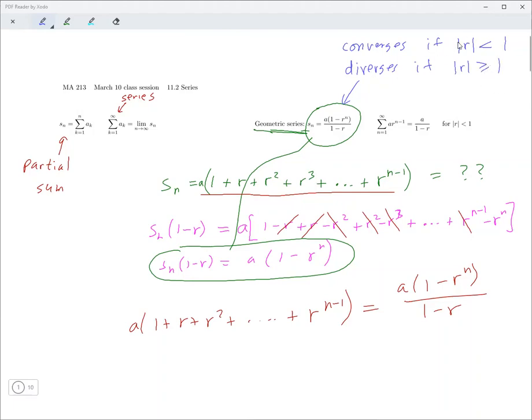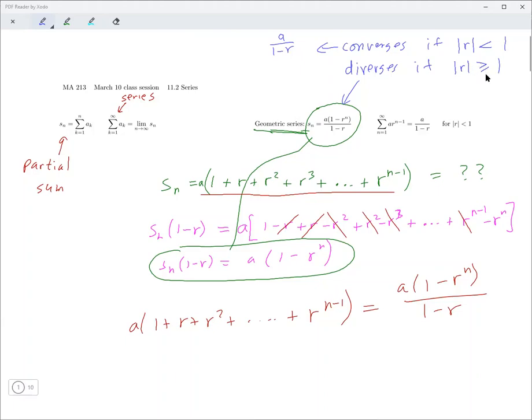If the absolute value of r is less than 1, then this goes to 0, and it will converge to a over 1 minus r.